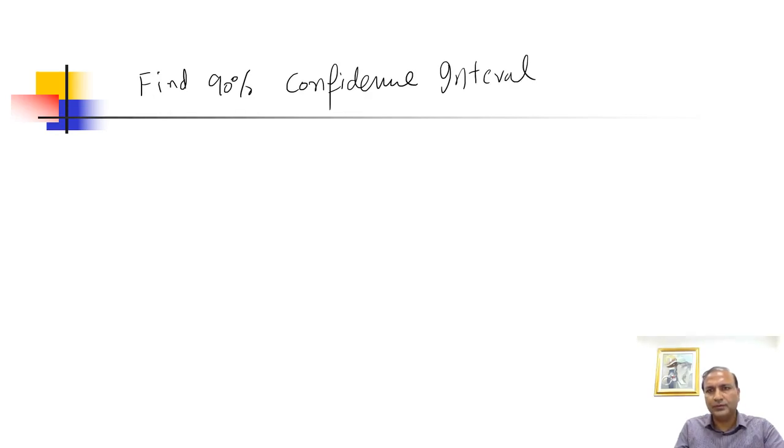Okay, so again our x bar, the point estimate, is 74.4, and standard deviation is 6. So both of these are point estimates. So how do we find the 90% confidence interval?